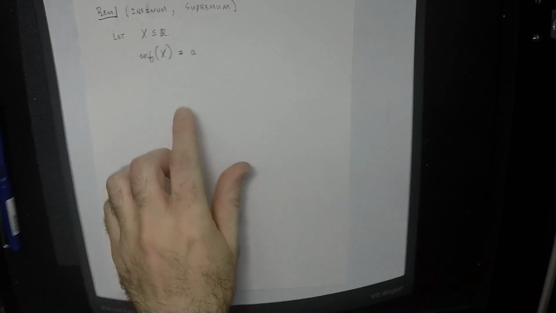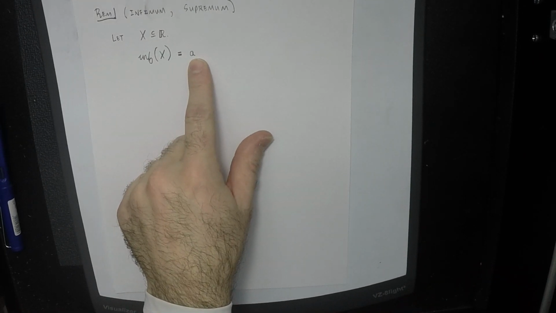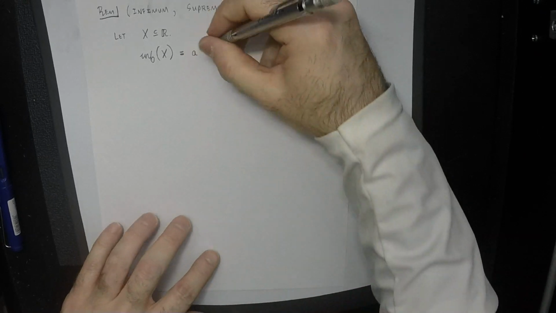In the first place, does A need to be in set X? It does not need to be. So infimum is like minimum, but just a little bit different. The first way in which it is not the same as minimum is that the infimum doesn't need to be in the set.